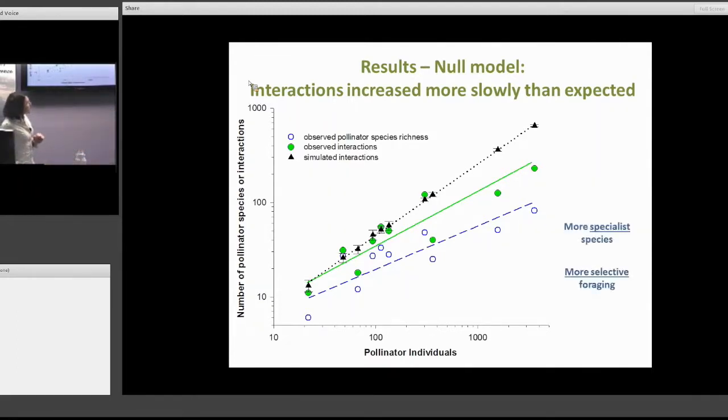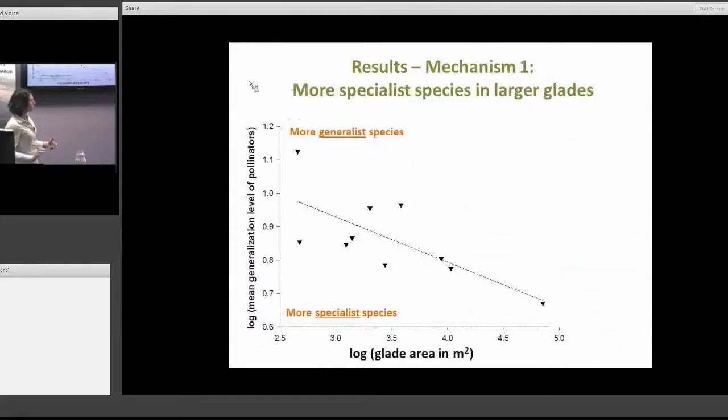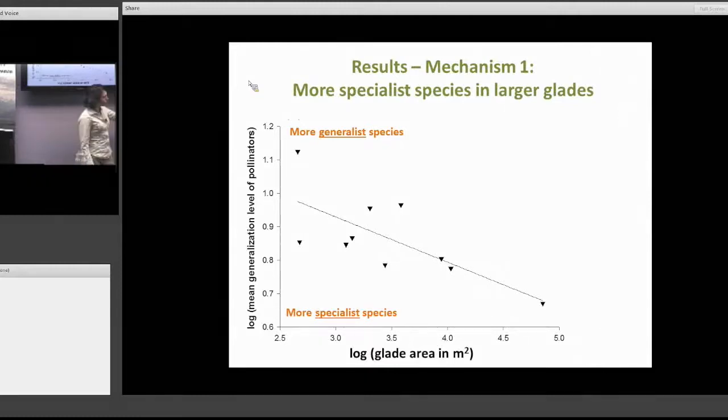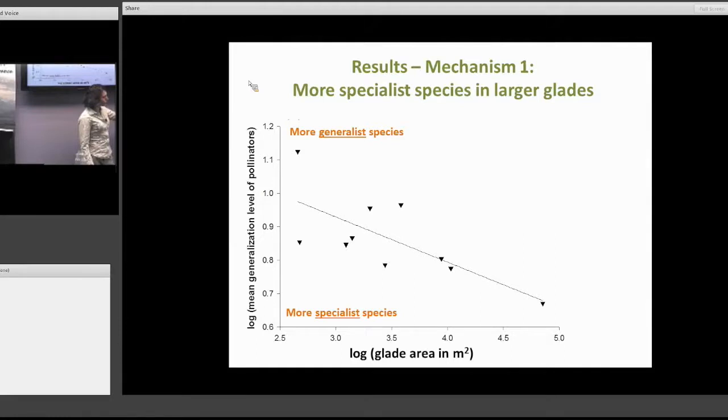So this pattern of having a shallower than expected slope could result from having more specialist species in larger glades or more selective foraging. So we wanted to look at those two. So for the first mechanism related to species composition, you could think of that as the diet breadth of pollinators that occurred in these different glades.